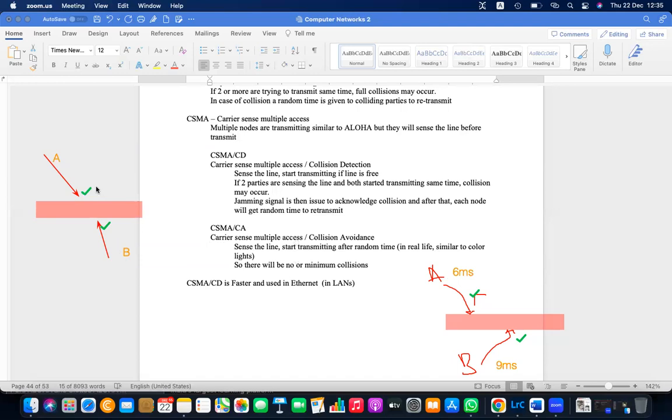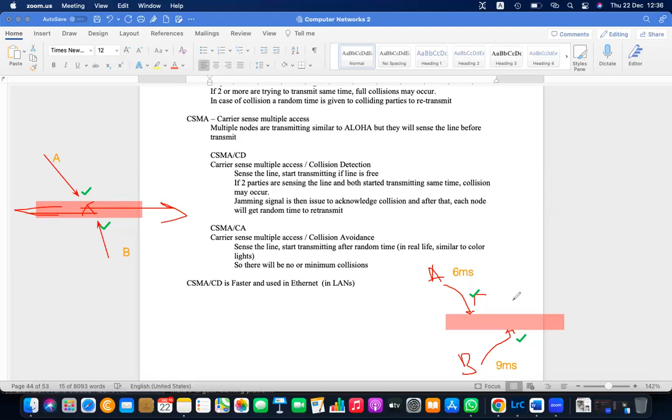They start communicating immediately. Let's say data is sent this way and B's is sent in this way, then no collisions. But if A is sending data this way and B is trying to send this way, then there is a collision. Here the collisions can happen. Understood? Yes, sir. That is CSMA/CD.